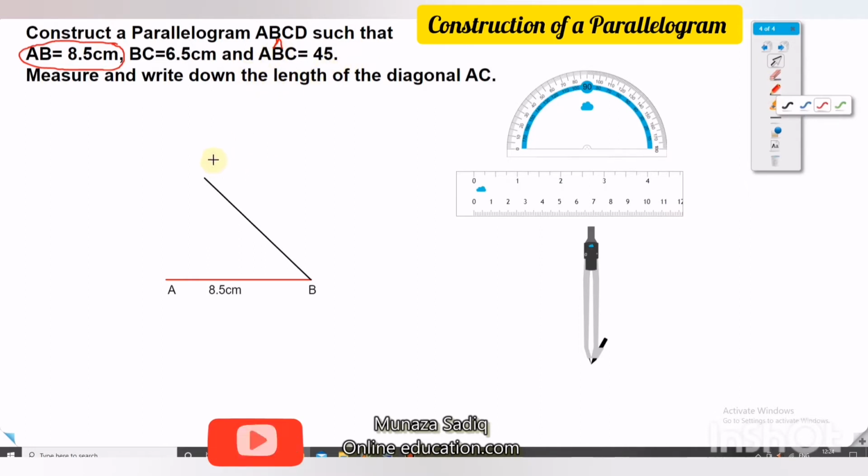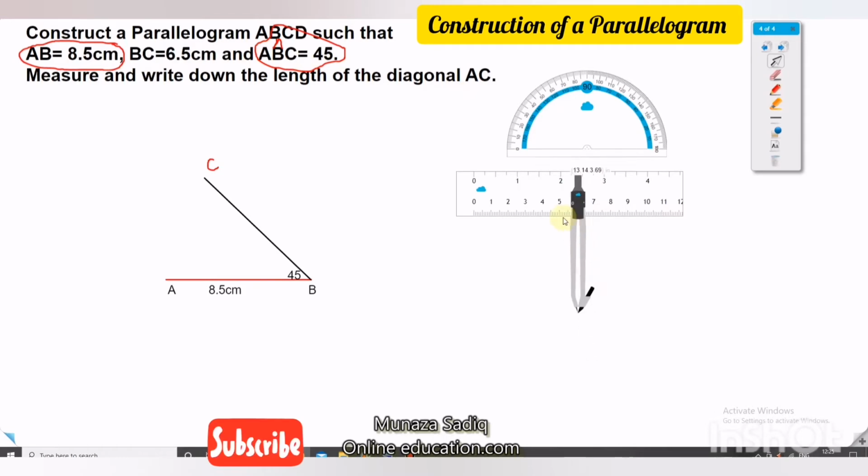And name this point C. And we have angle 45 degrees. This step is done. Mark a circle around it to show that we have done this one. BC is equal to 6.5 centimeters.